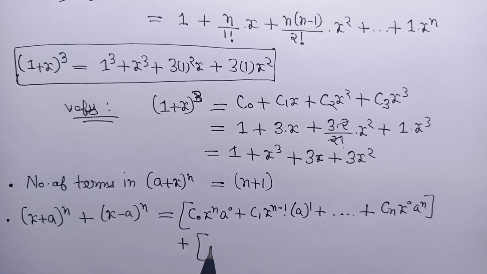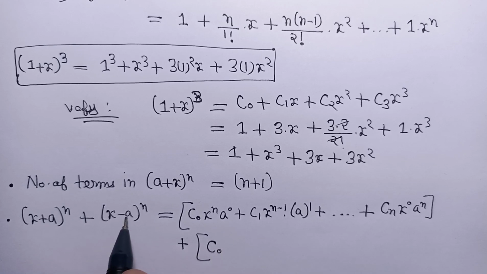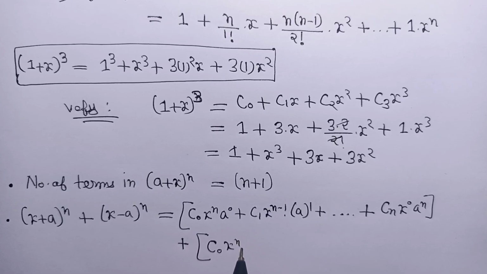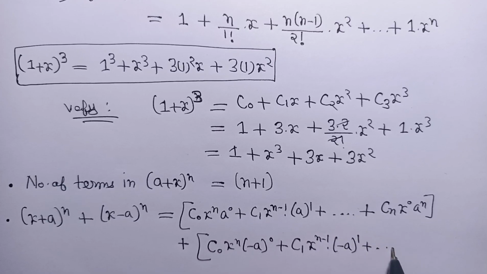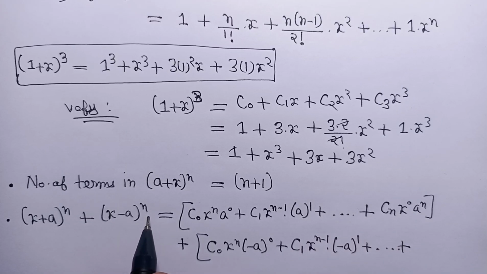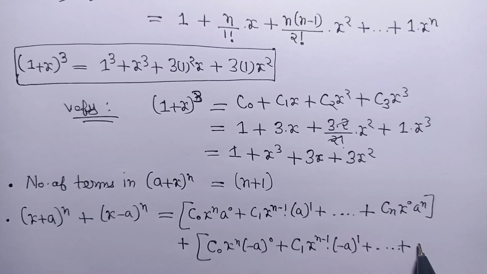Expansion of this will be same expansion, but this a value should be negative, so C0 x^n and (minus a)^0, plus C1 x^(n minus 1) into (minus a)^1 plus dot dot dot, and last term, we don't know value of n, either it is positive or negative, so you can directly write Cn x^0 and (minus a)^n.